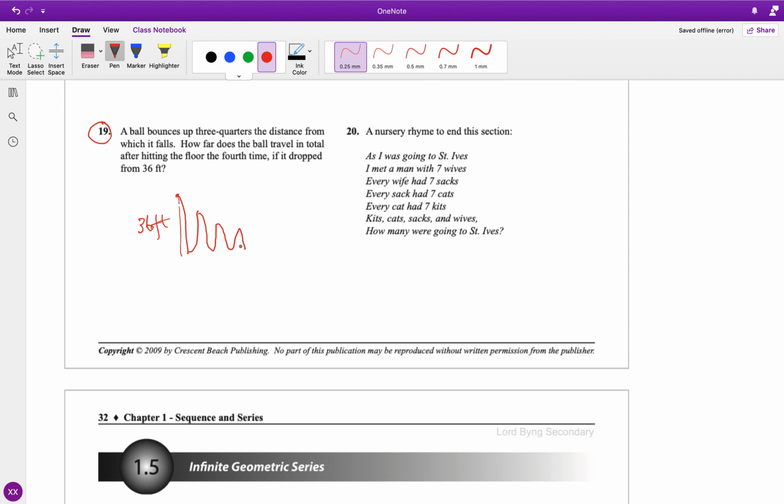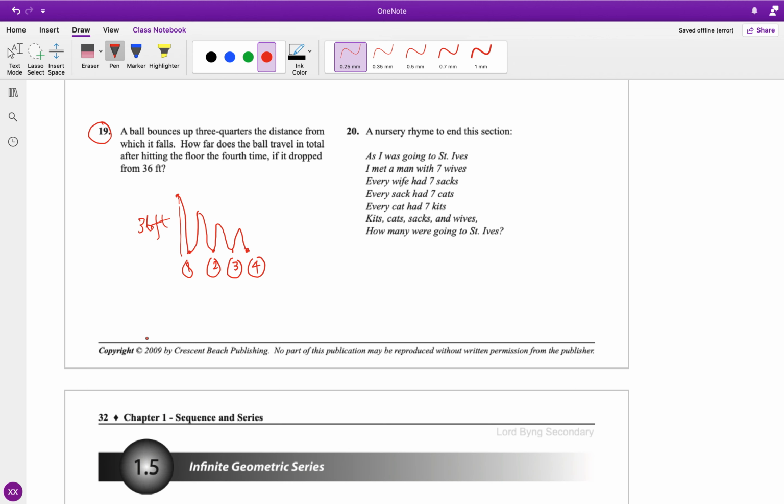So this is the first time it hits the floor, this is the second time, this is the third time, and this is the 4th time it hits the floor. It says the total distance, so here, here, here, here.